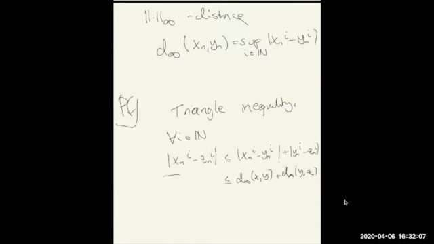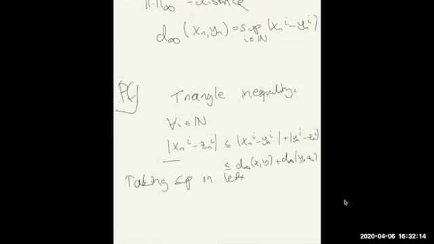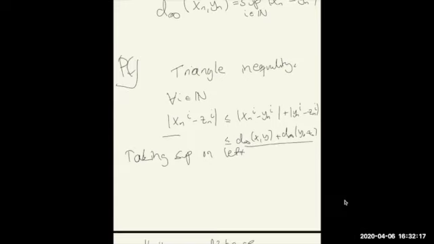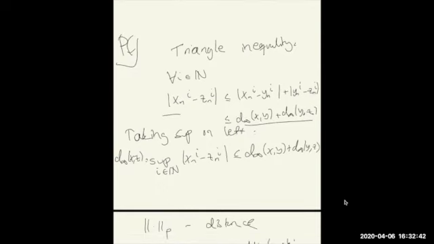And now taking the sup on the left-hand side, this is another way of saying that this is an upper bound for the left-hand side, so it's enough. It becomes an upper bound for the sup. So what we get is that the distance infinity(x, z) between these two sequences, which is the supremum over natural numbers of the difference in the components, is bounded from above by the distance between x and y plus the distance between y and z. So it's the same proof as before.